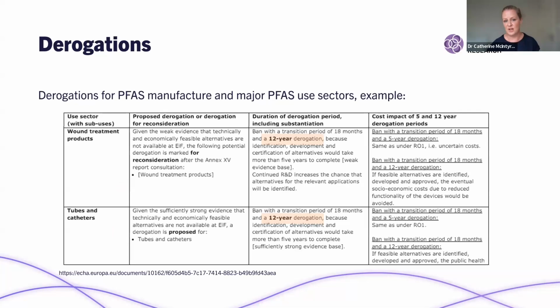They're talking about a 12-year derogation to identify alternatives that can be used for those medical uses. So they do recognize that it is quite a broad, possibly heavy-handed approach, but that there are essential uses for PFAS, and they are aiming to reconcile those two problems.